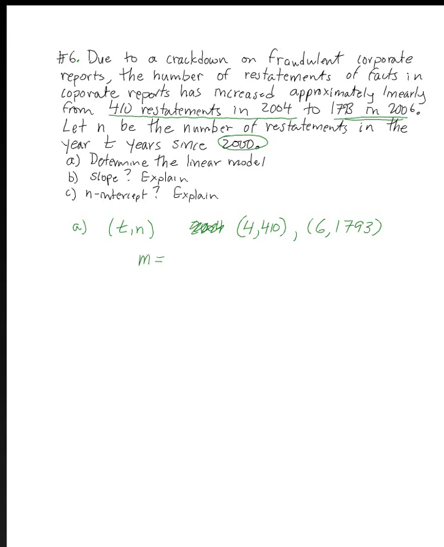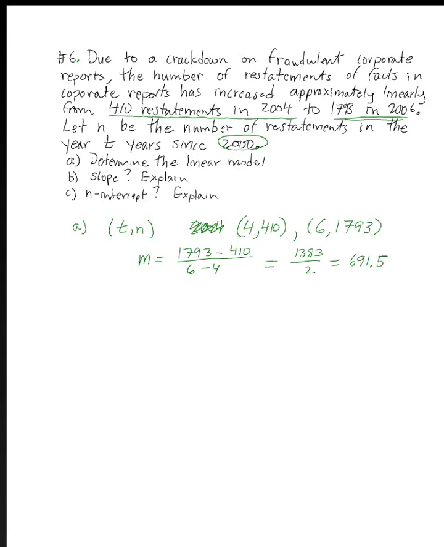All right, so I need to determine the linear model. m equals, find the slope, 1793 minus 410, divided by 6 minus 4. And again, I grab my calculator, 1793 minus 410, I get 1383 over 2. 691.5.